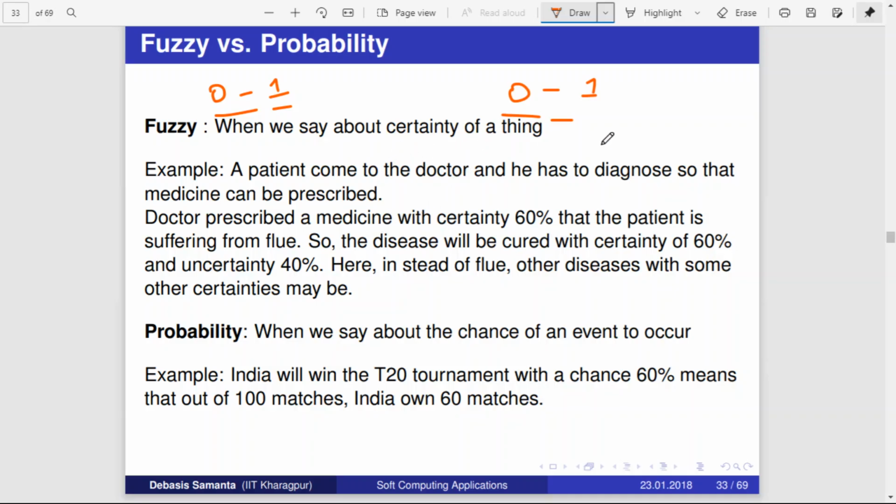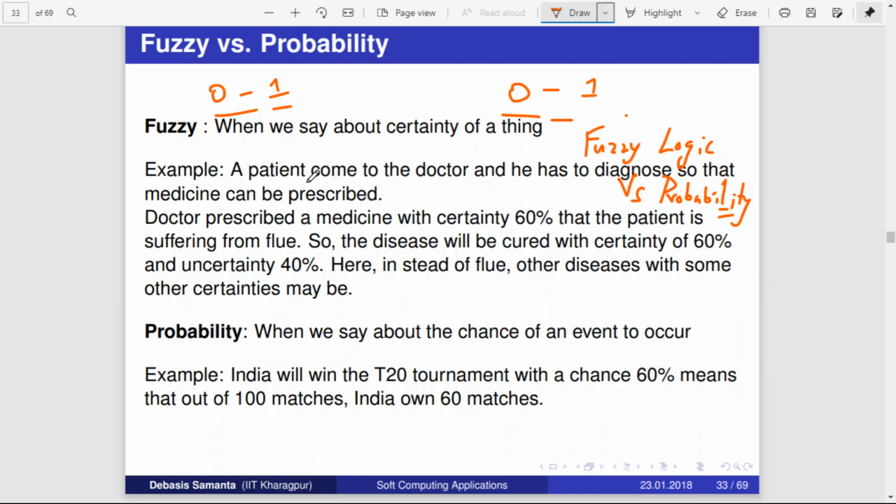I would like to leave it as homework: try to identify the difference between fuzzy logic and probability. You have to refer to many things and understand, because this understanding is crucial for a better understanding of this course.